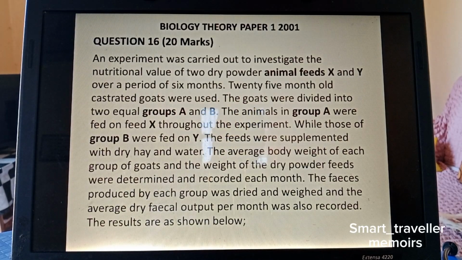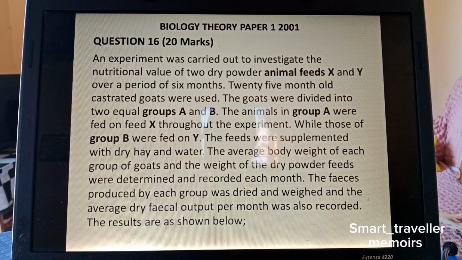The question: an experiment was carried out to investigate the nutritional value of two dry powder animal feeds, X and Y, over a period of 6 months. 25-month-old castrated goats were used.